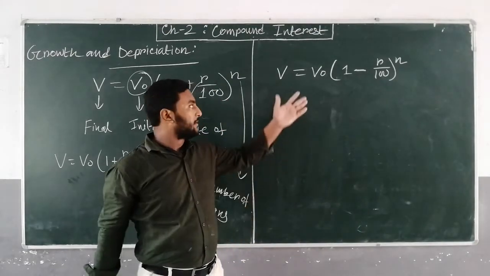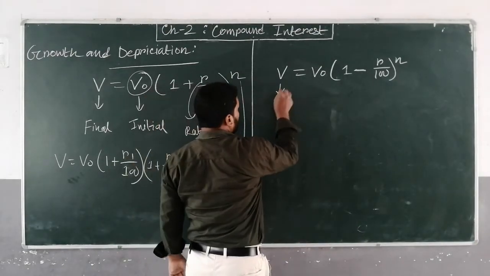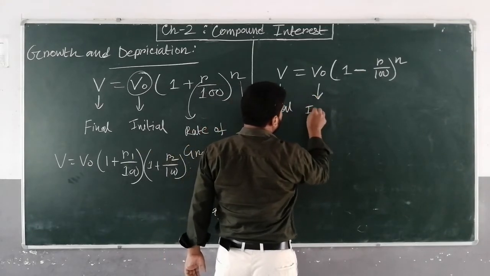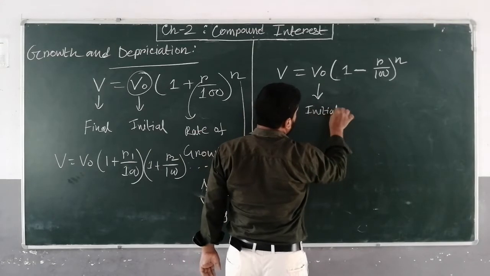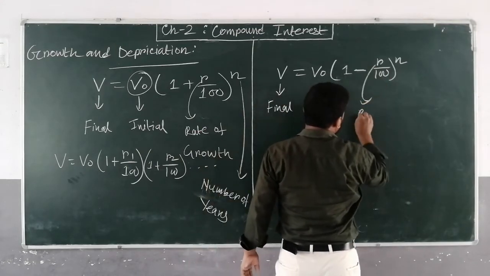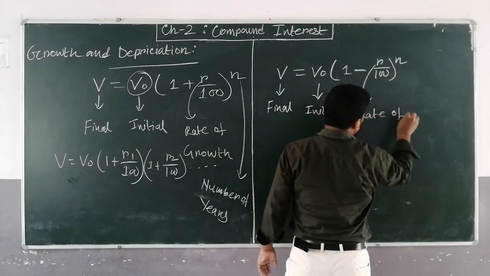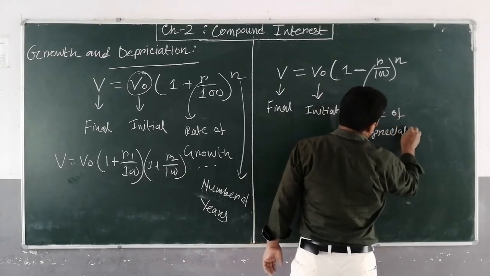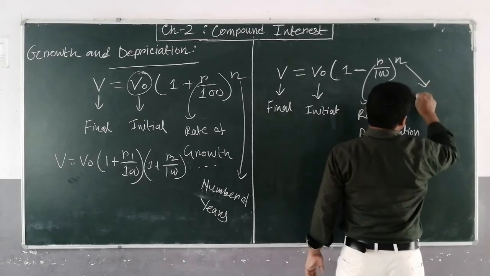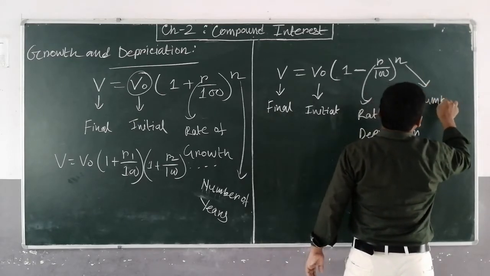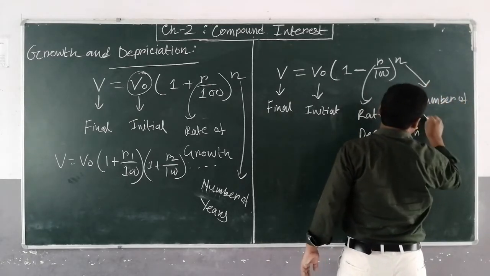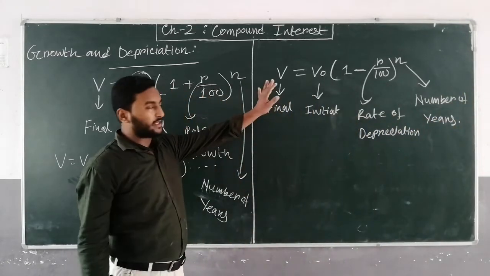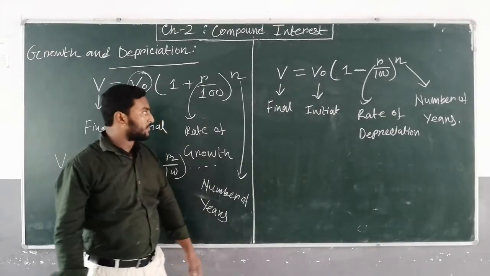So this is the final value, this is the initial value, this is the rate of depreciation, and this is the number of years. So this is the depreciation formula.